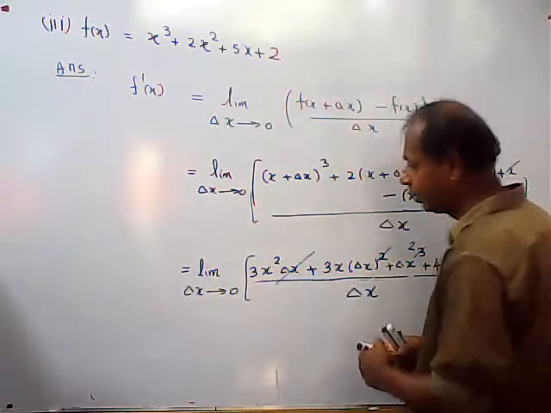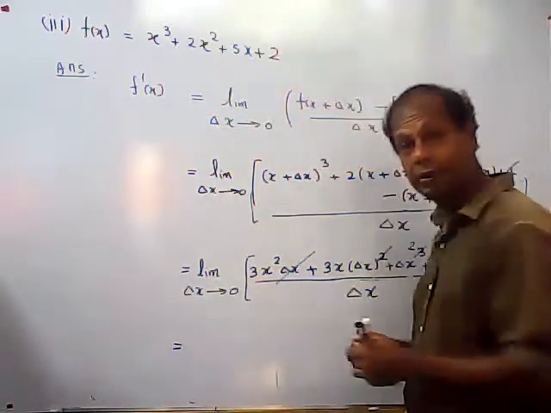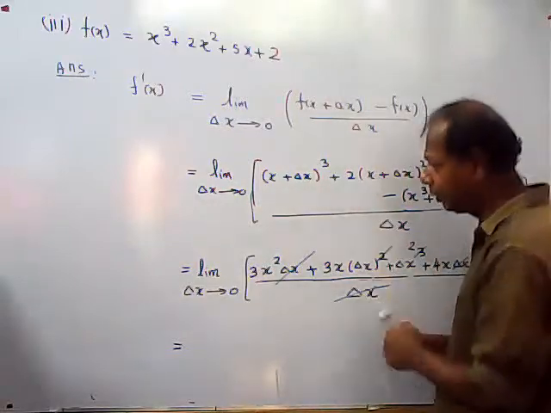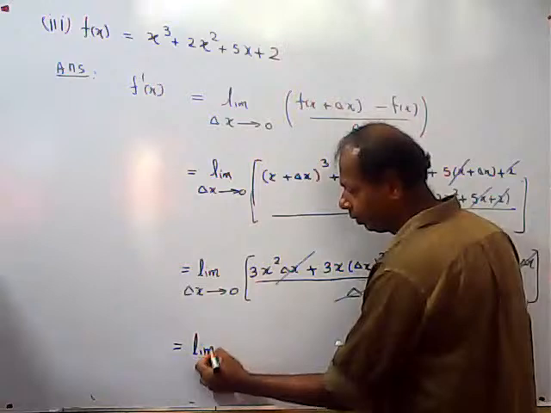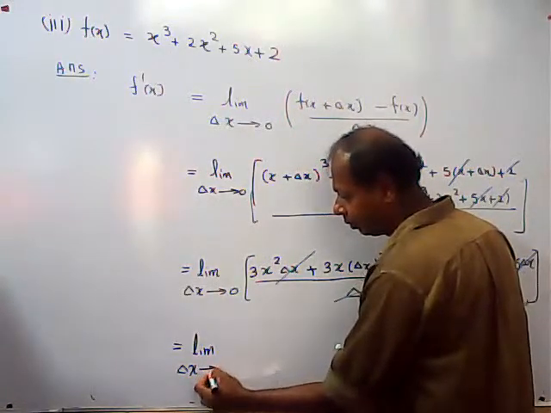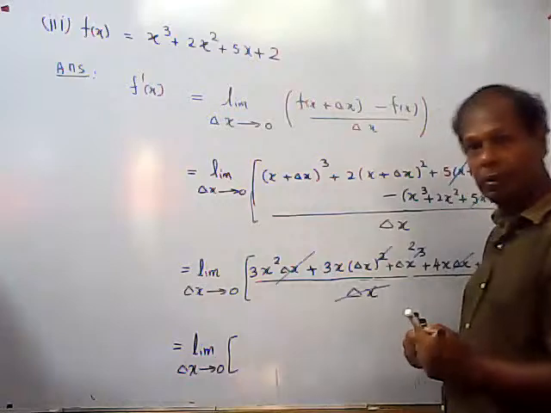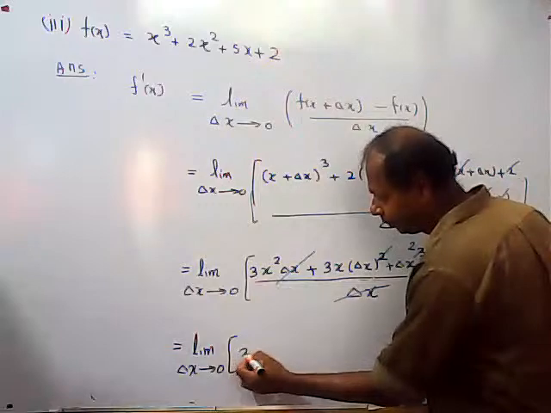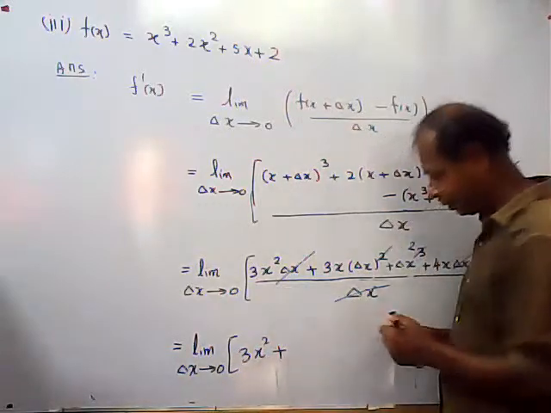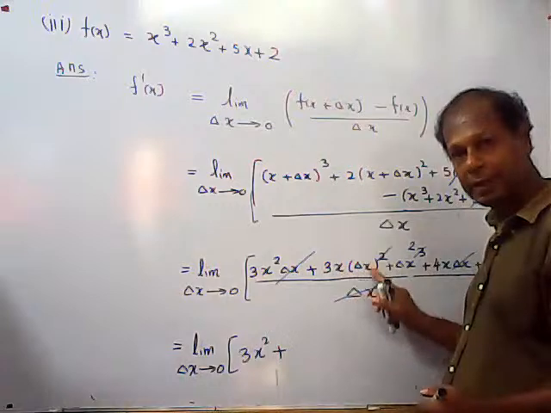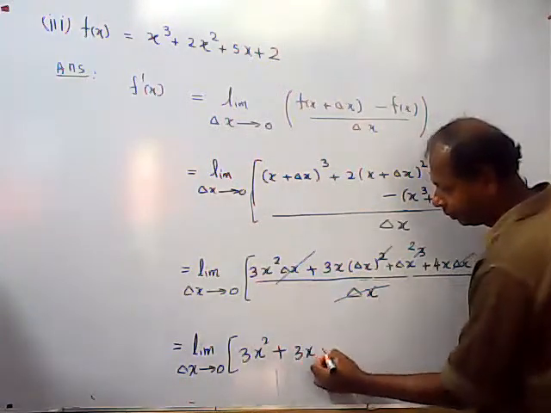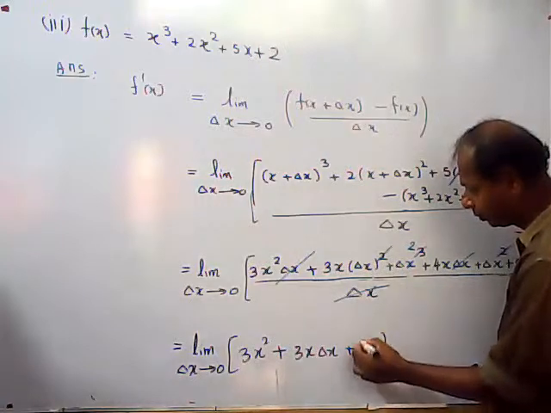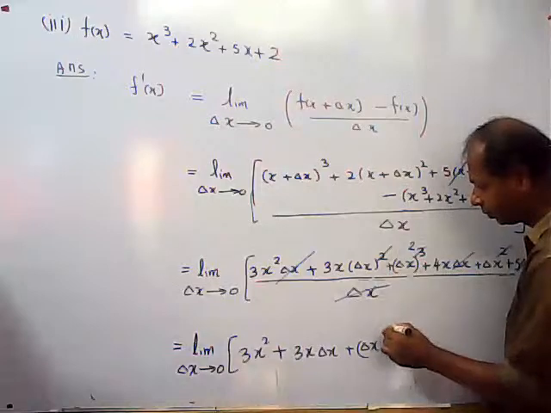So leaving only this limit as delta x goes to 0, this will give 3x squared plus, here remains 3x delta x, and this leaves delta x squared.